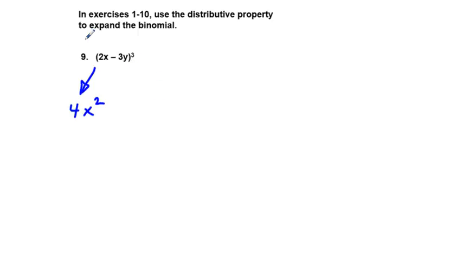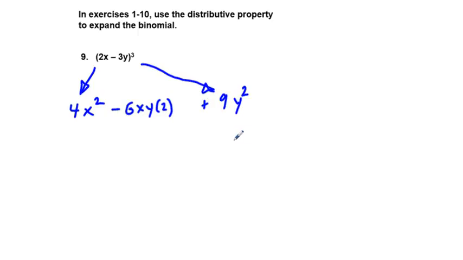Let me give myself a little more room to the right here. We square that, we're going to get quantity negative 3y squared, which is 9y squared. And then the middle term, where we have negative 3y times 2x, that's going to be negative 6xy, and that's going to be times 2.